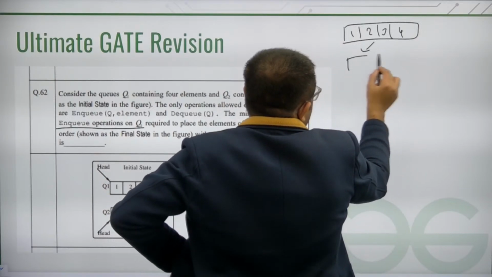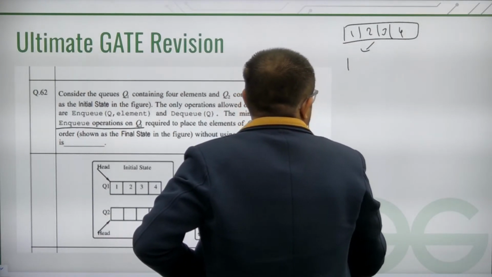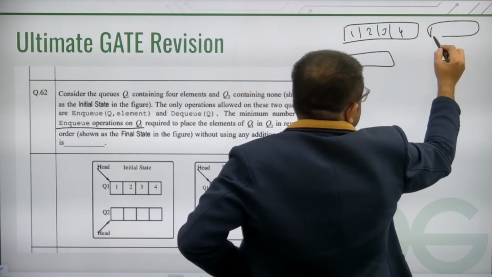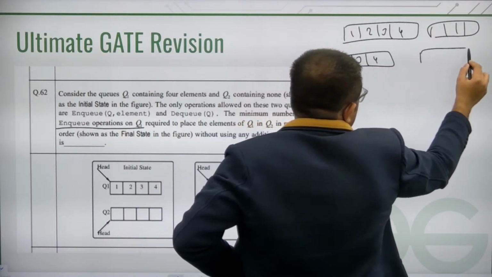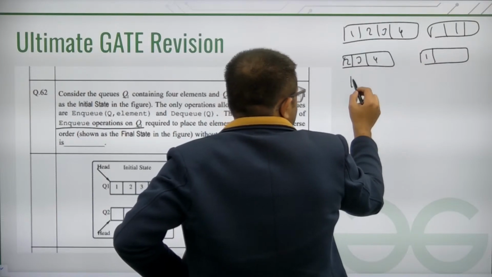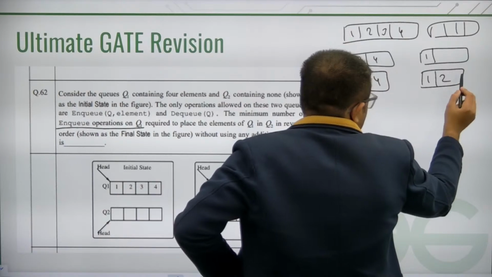So Q1 will become 2, 3, 4 and Q2 will become 1. Now remove 2 from Q1 and enter it in Q2. So Q1 will become 3, 4 and Q2 will become 1, 2.